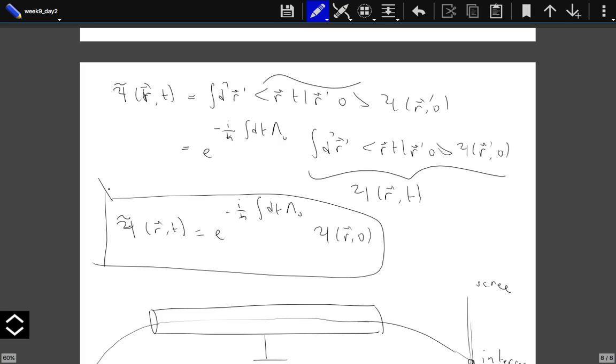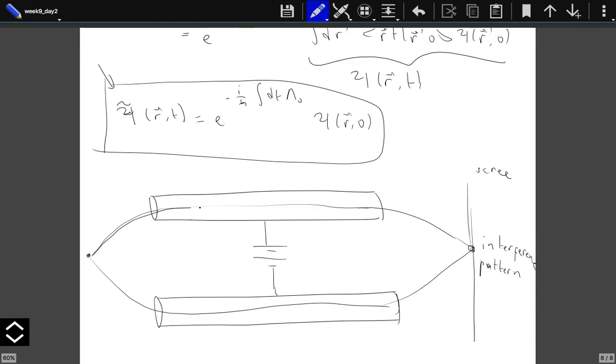You see, the wave function acquires a shift based on the potential. Now you can consider the wave packet going from the top. It will acquire an additional phase due to the potential inside the cylinder. The wave packet going through the lower cylinder will acquire a phase proportional to the potential in the lower cylinder.